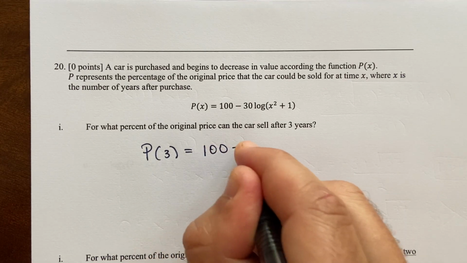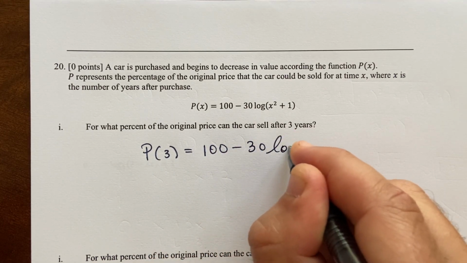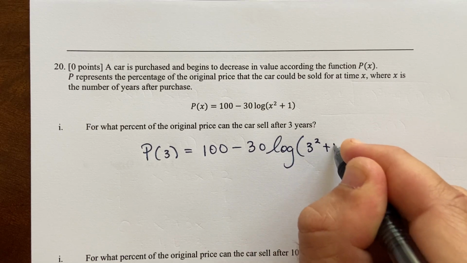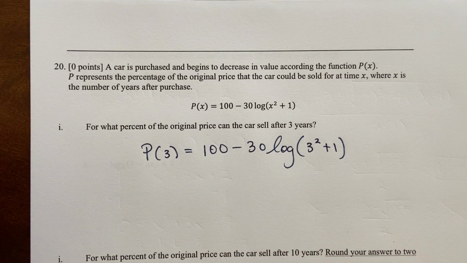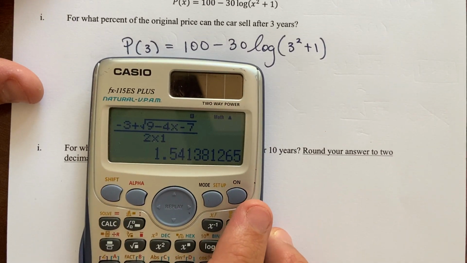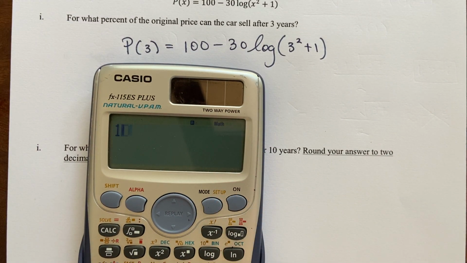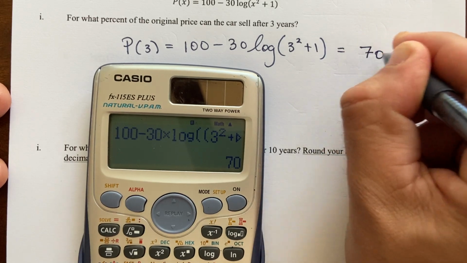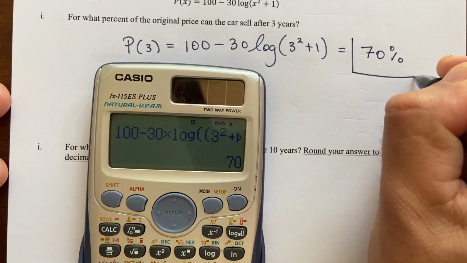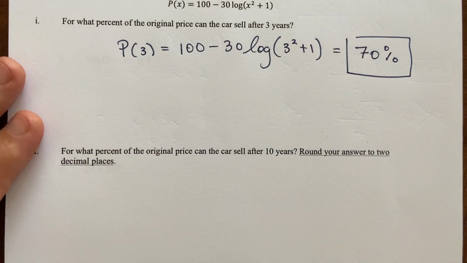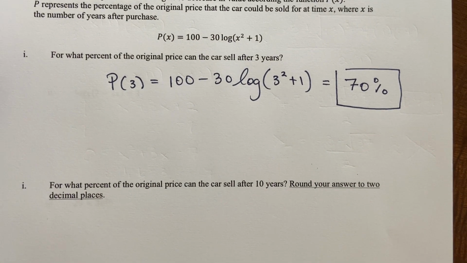So 100 minus 30 times log 3 squared plus 1. Can plug that in. 70%. So 70% of its original value at 3 years.